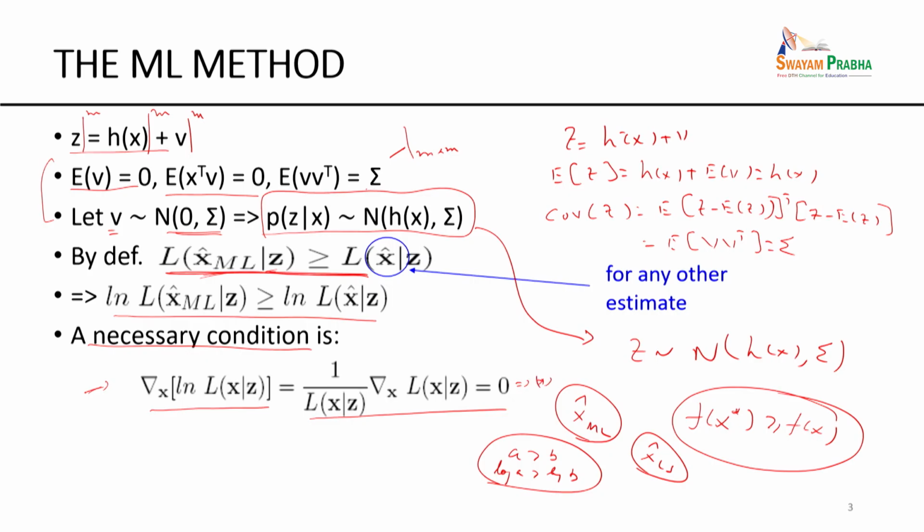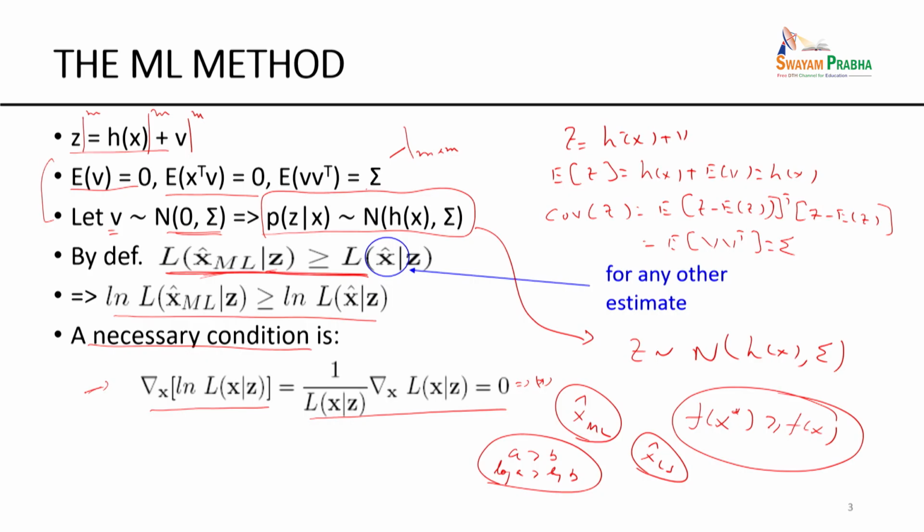Now you can readily see what we have done. Just to summarize, I have a conditional distribution. The conditional distribution has the observation and the parameter. Considered as a function of the observation for a fixed value of the parameter, it is the probability density. If I consider it as a function of x for a given observation, it's called the likelihood function.